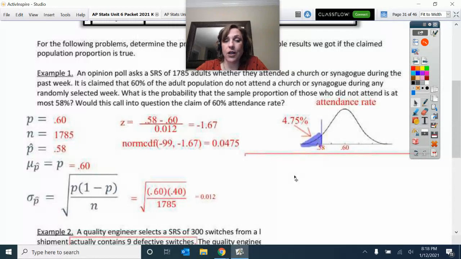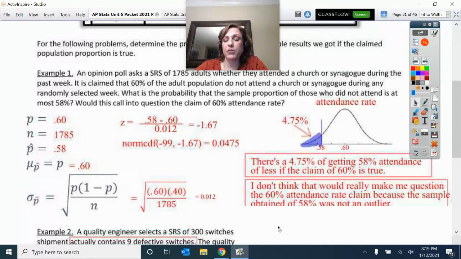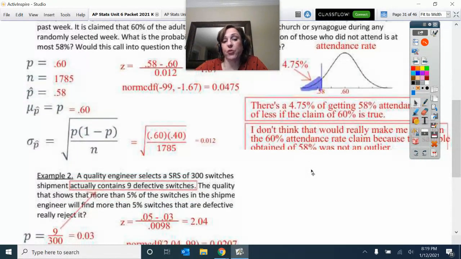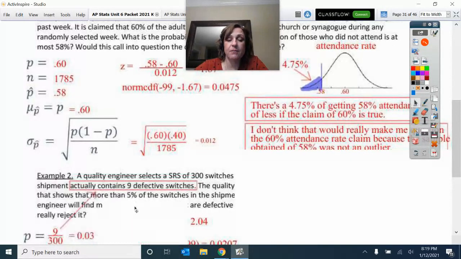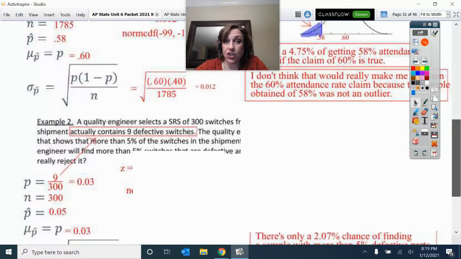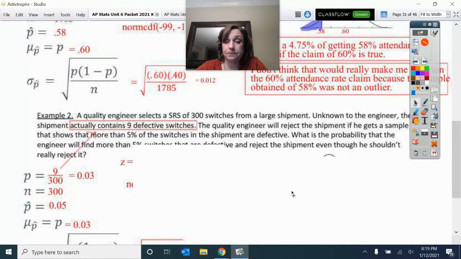So it's not easy to get that amount, but there's about a 4.75% chance of getting that p-hat if the claim of 60% is true. That wouldn't make me freak out. I don't think it's particularly unusual because it's not more than two standard deviations. All right, so that's how you do that.